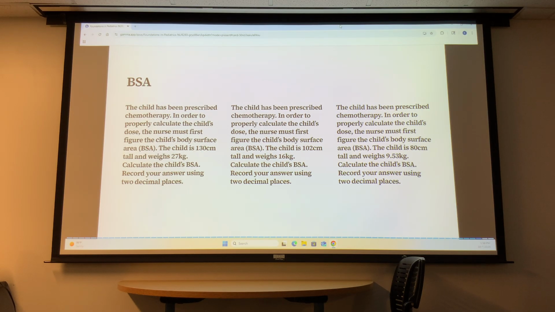You want to do the other two? I know we're running out of time, but I want to make sure that we get through. So for your next one, you've got a kid who's 102 centimeters tall, and they weigh 16 kilos. So you're going to do 102 times 16, hit equal, then divide by 3,600.